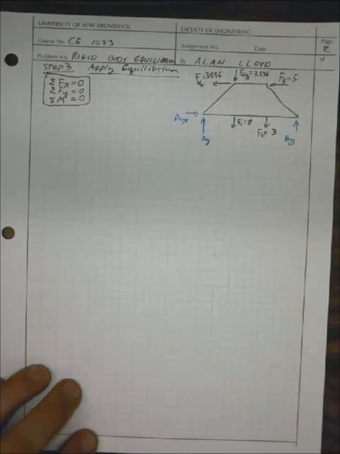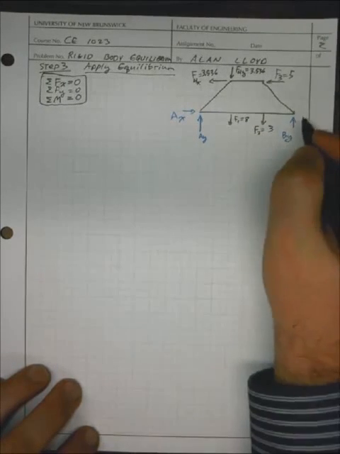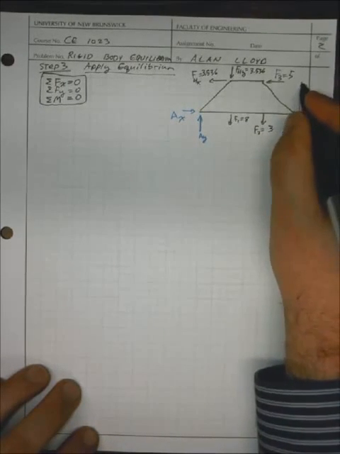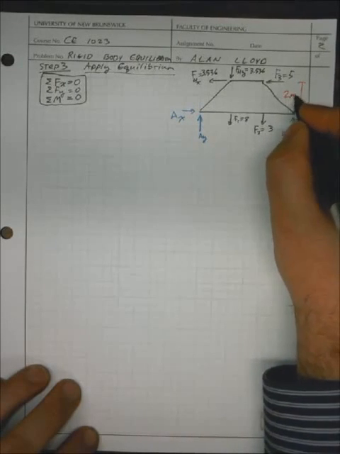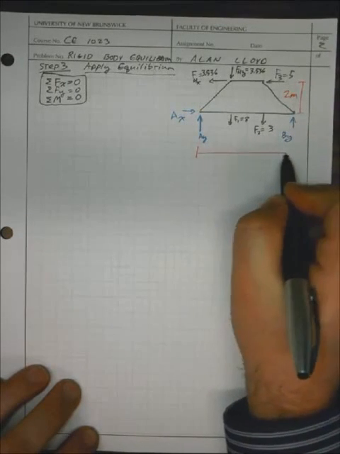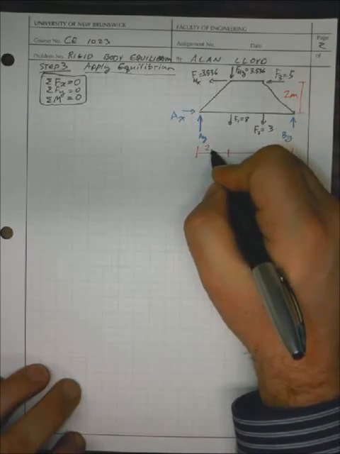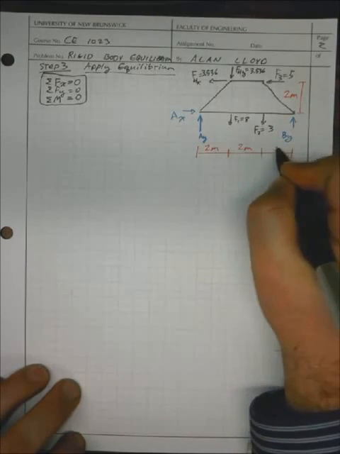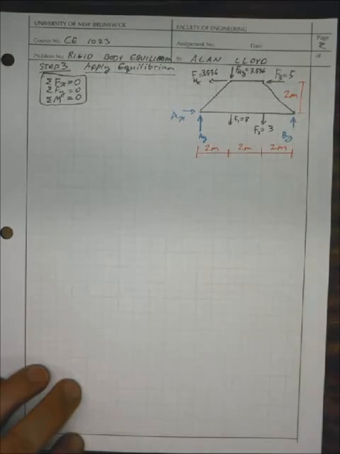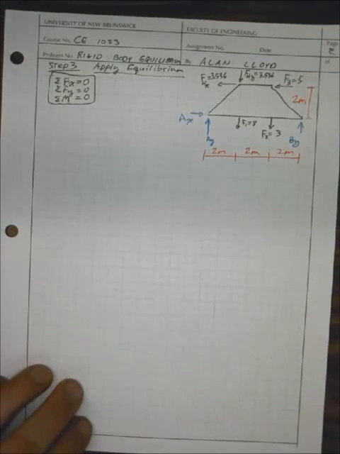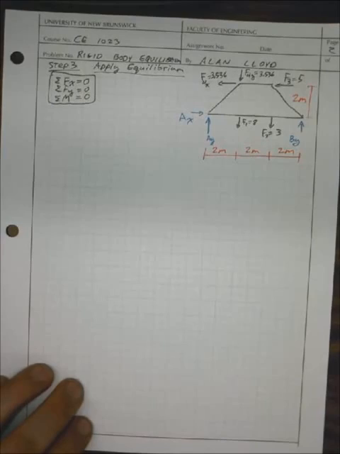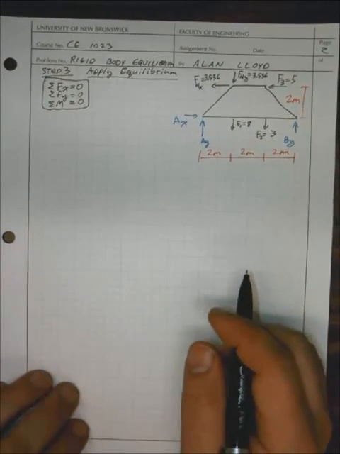Beyond that, we can add in our dimensions. 2 meters, and we have 2 meter spacing between these forces here. Okay, so now that we have that drawn again, we can easily reference it as we're doing our equilibrium calculations.